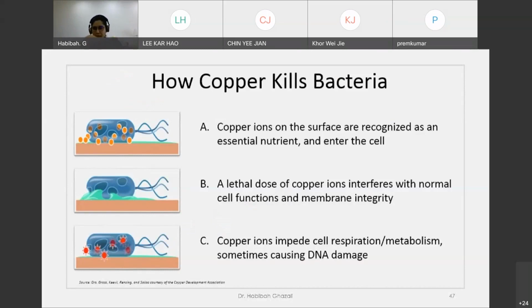Copper ion is electrically charged. So we learned about ions, the anion and also the cation. Copper ion is an electrically charged particle.